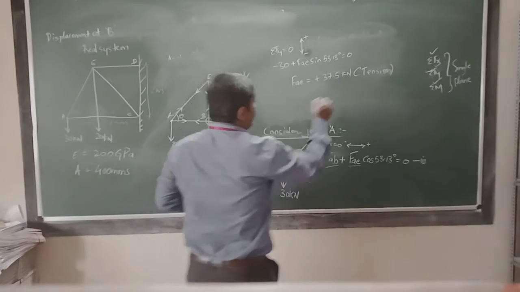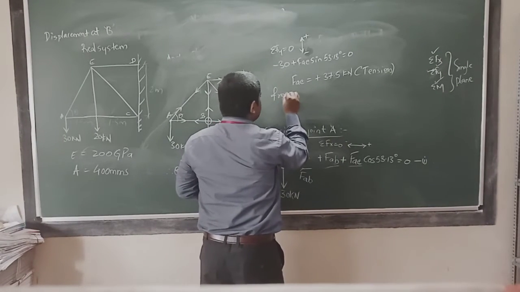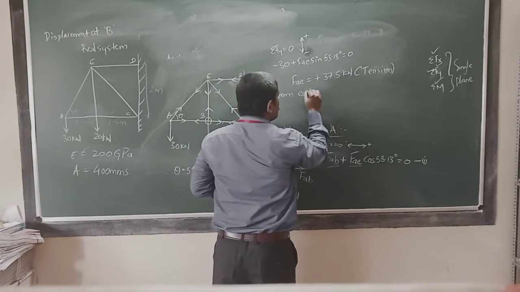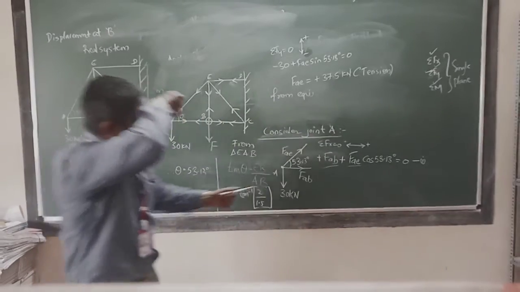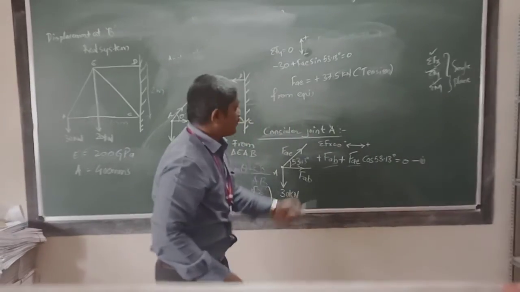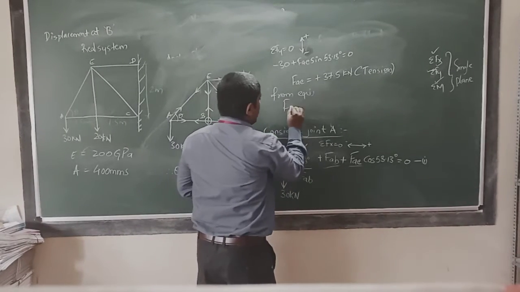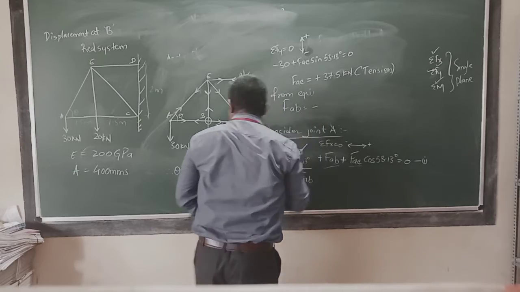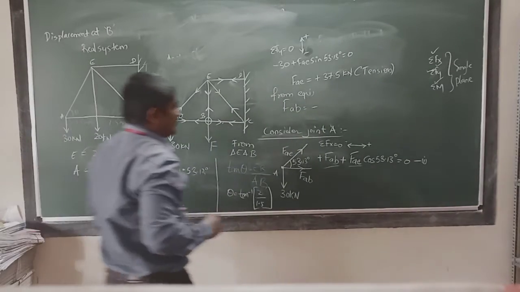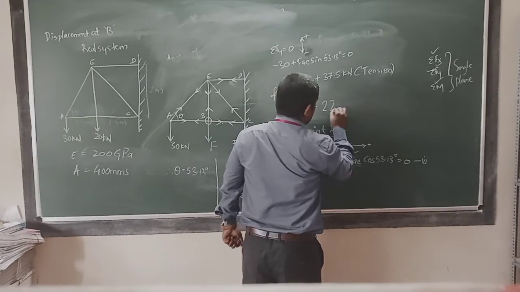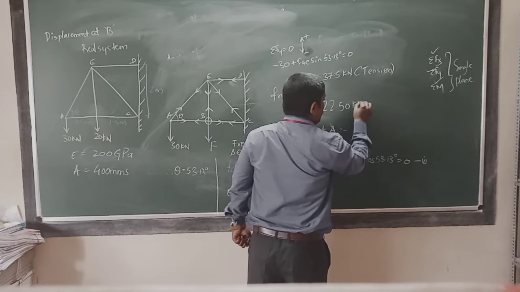Okay. Now from equation 1. So we have already one equation here. From equation 1, you substitute this FAE value in this, you will get FAB value. So FAB, you will get it as negative answer, that is 22.50.